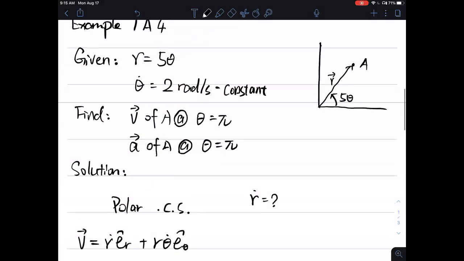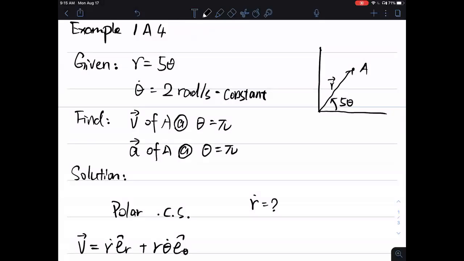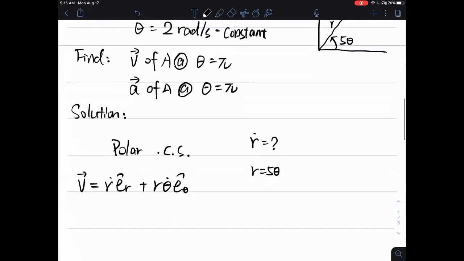Let's come back to the given. We know r is 5 theta. Dot means first order derivative with respect to time, right? So we can take dr over dt. That should give us r dot. If we know r equals 5 theta, what is dr over dt going to be?